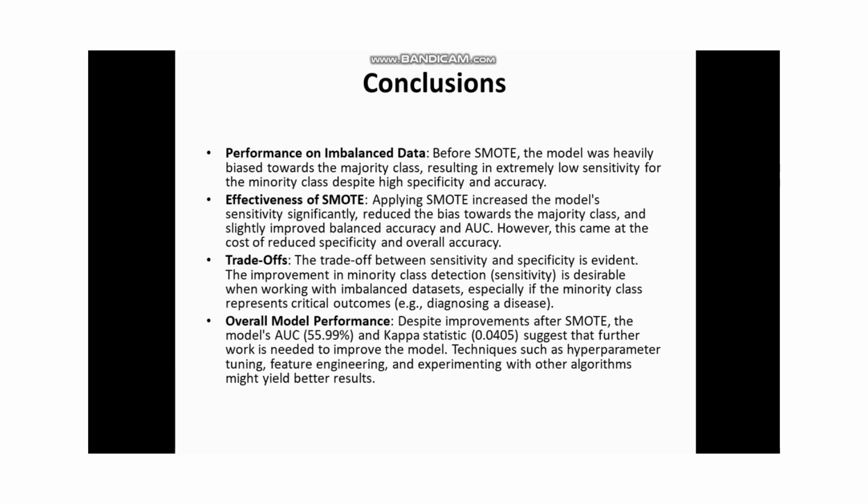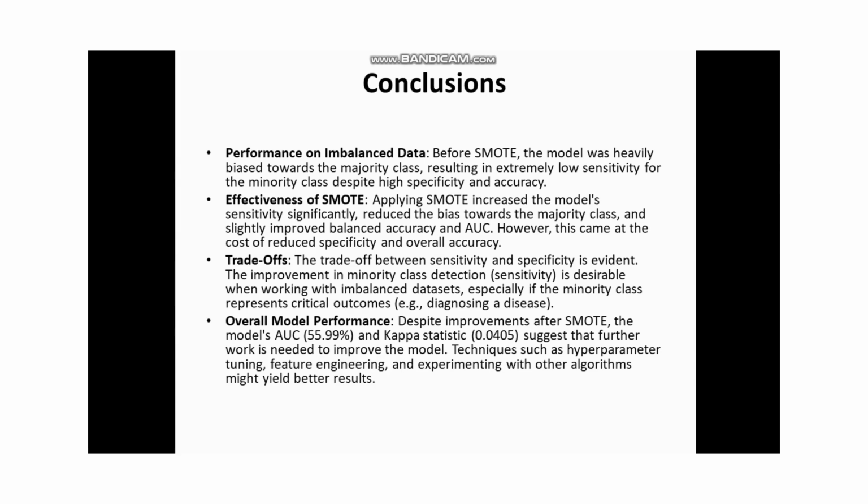So conclusion: performance on imbalanced data. Before SMOTE, the model was heavily biased towards the majority class, resulting in extremely low sensitivity for the minority class despite high specificity and accuracy.